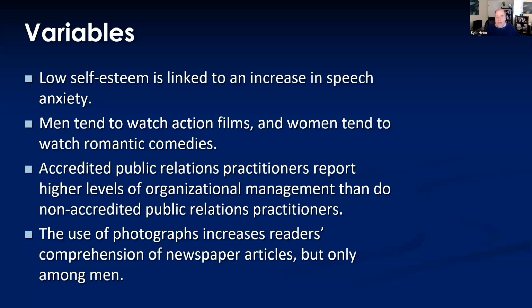Public relations practitioners are people. They just kind of exist. They do not vary in this sentence. The people themselves are not variables. It's the quality of those people that varies. So the quality that varies would be their level of accreditation, either accredited or non-accredited.